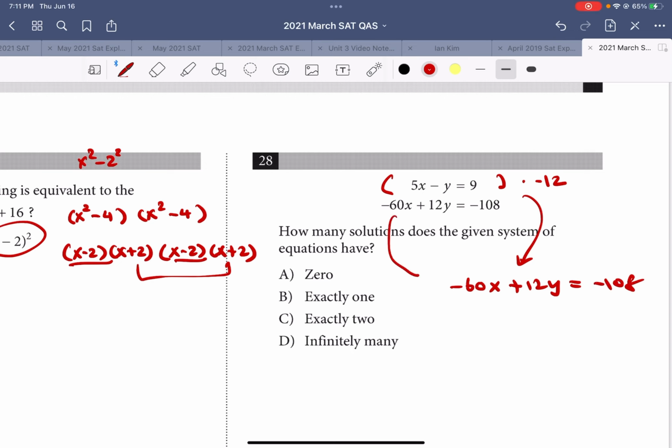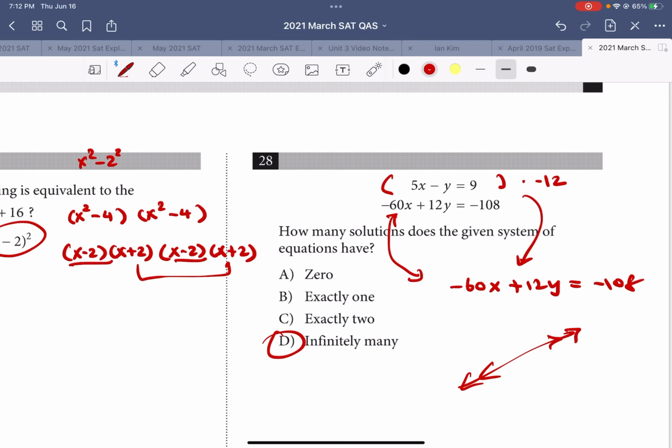Then I realized the second equation is the same as that one. So that means you have two equations, but they are the same equation. So they overlap. Okay, so the answer is infinitely many solutions. Two equations, they are one equation basically, because it's the same thing. That means infinitely many solutions.